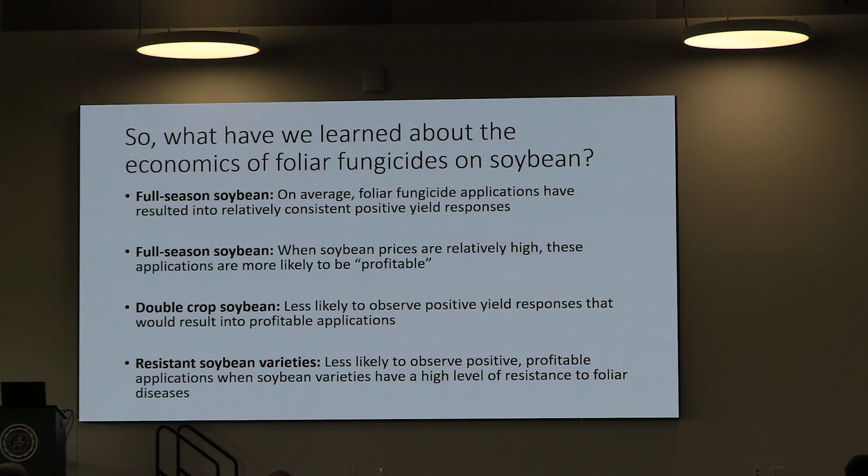Another thing to consider, though, is even though a variety is resistant to frogeye leaf spot, it may not be resistant to target spot or to some of these other diseases. So it's always a good idea, even if you plant a variety you know is highly resistant to frogeye leaf spot, not to ignore it. You still need to go out there and look and be sure there's not something else coming in that you might need to manage.